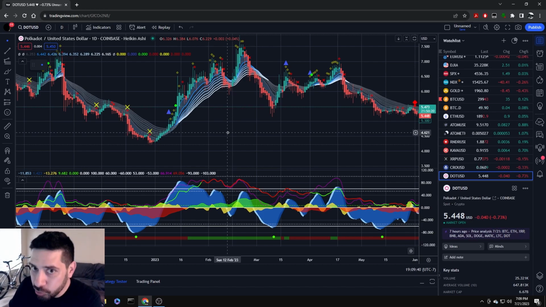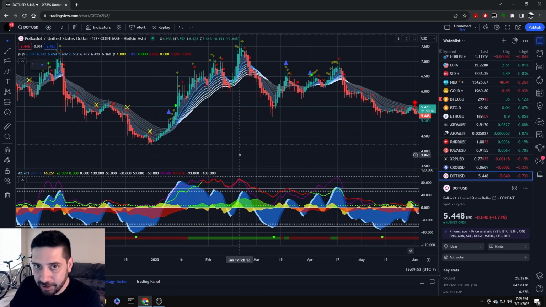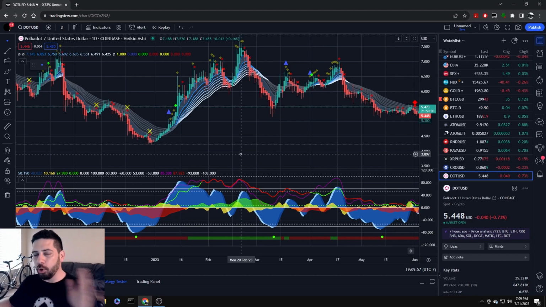And then you have two RSIs. You have a regular RSI, which is always purple, and that just shows if something is overbought. Like if it's up here, it's overbought. If it's down low, it's oversold. And then a stochastic RSI. Normally a stochastic RSI has two lines, and you're watching for when they cross over each other for a bearish or bullish prediction, all right?